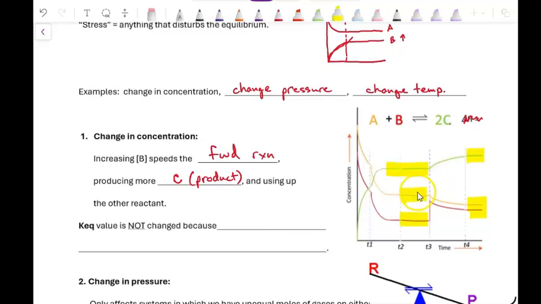Okay, and if we think about this, that would be because while I increased B, I decreased A, which is the other reactant, right? And I increased C.